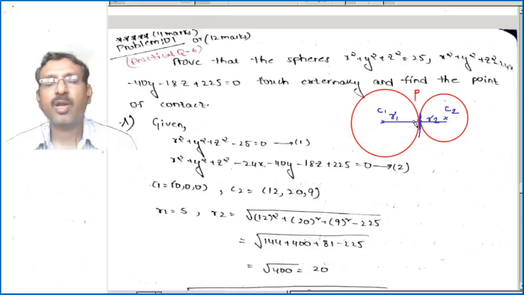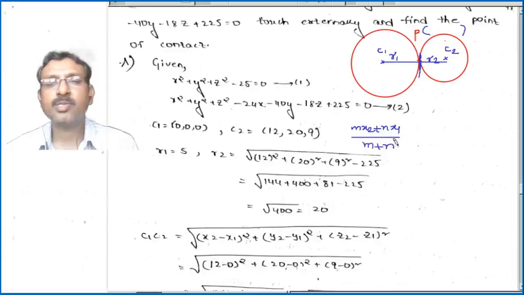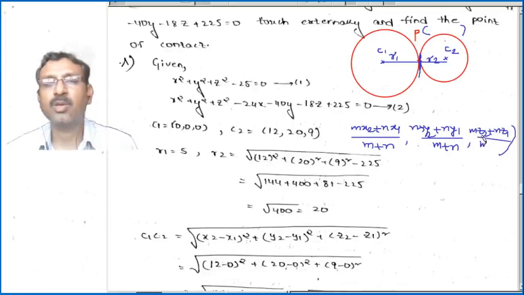We can find the coordinates of P using the section formula, that is (mx2 plus nx1) by (m plus n), (my2 plus ny1) by (m plus n), (mz2 plus nz1) by (m plus n).